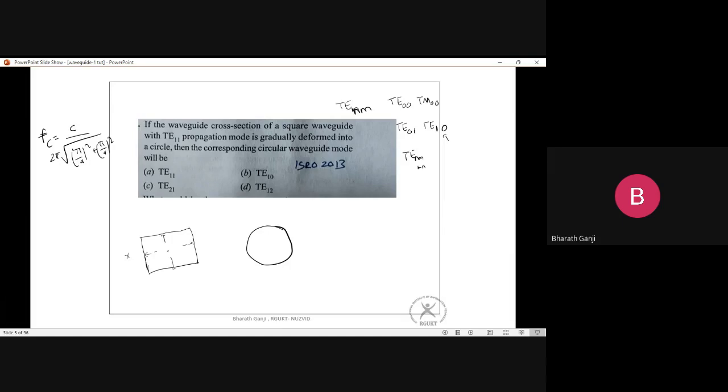But we don't know when he deformed the square waveguide into a circular waveguide what the diameter is.